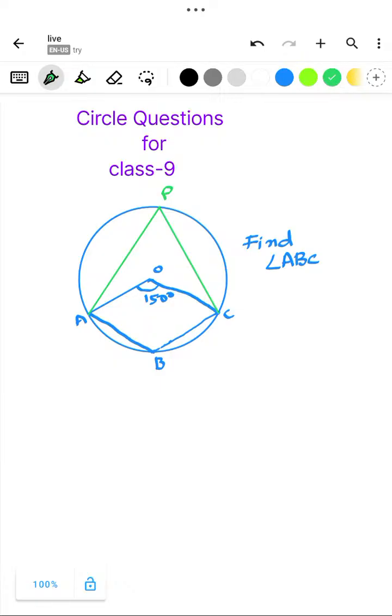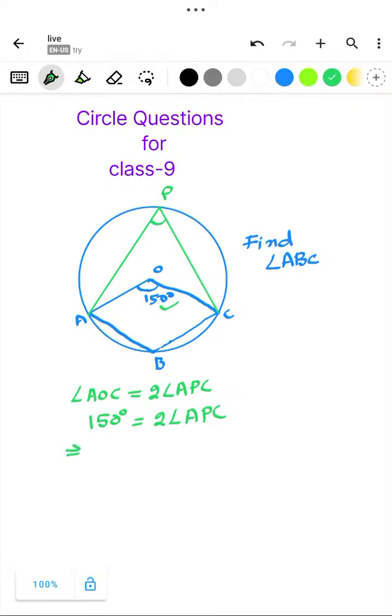Now we know that angle at the center is twice of this angle. So we can write angle AOC is twice of angle APC, right? 150 is twice of angle APC.